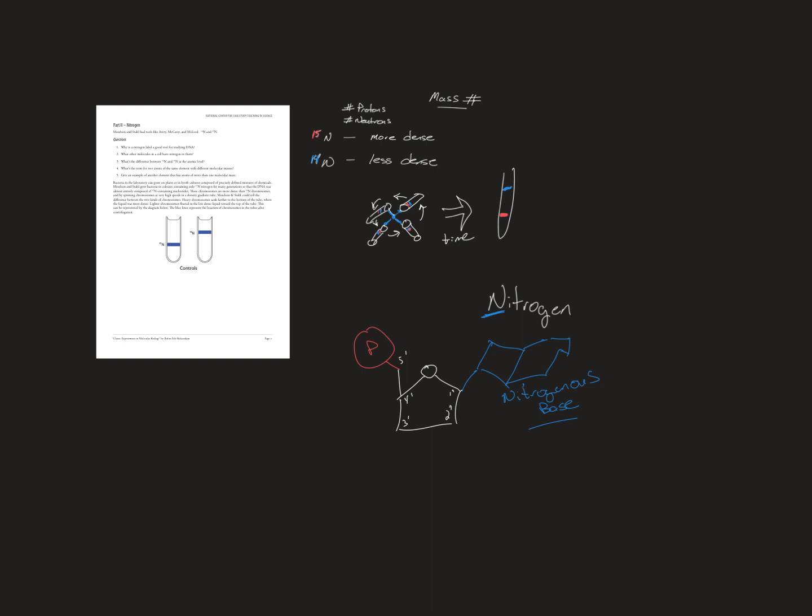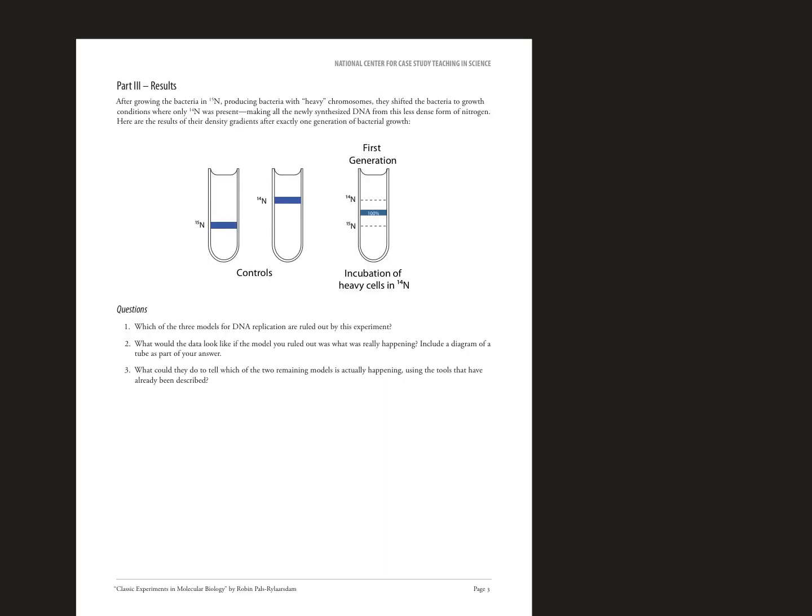All right, let's go on and see what the experiment's like. So here, you see after growing the bacteria in nitrogen 15, producing heavy chromosomes. So if we look at a chromosome with nitrogen 15, all the chromosomes would be condensed, right? And they'd be copied. So these chromosomes are heavy because they're using nitrogen 15.